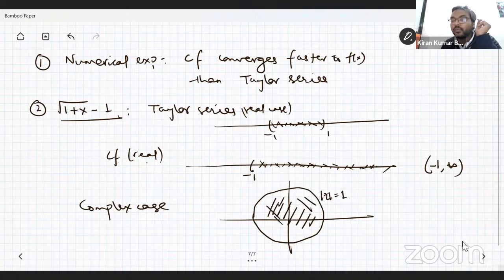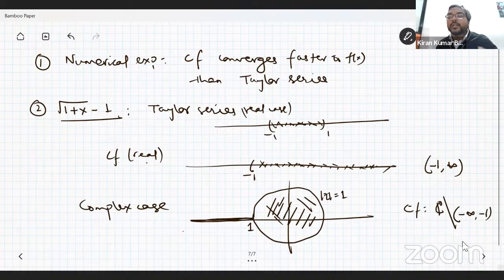But the continued fraction converges for all z except this part, right? So continued fraction converges for all z except the ray minus infinity to minus 1, right?